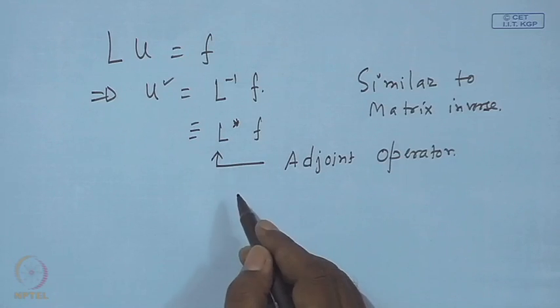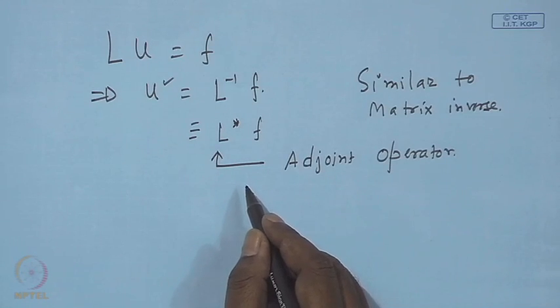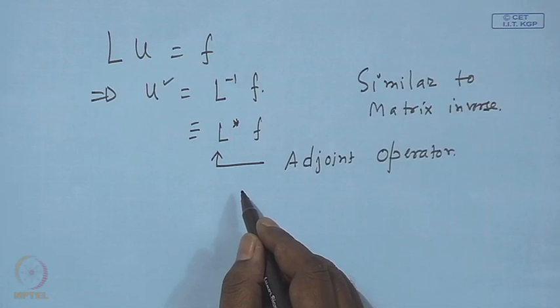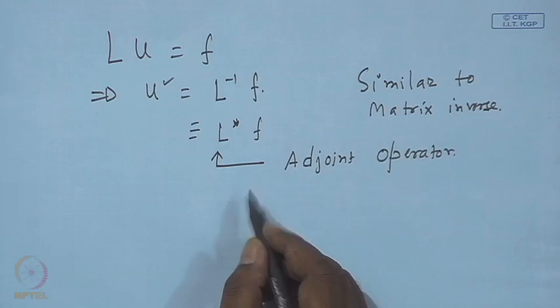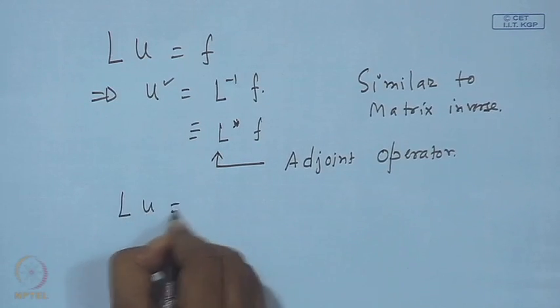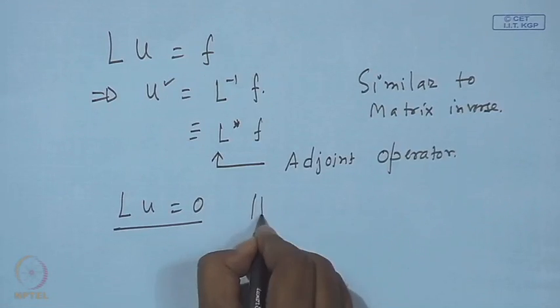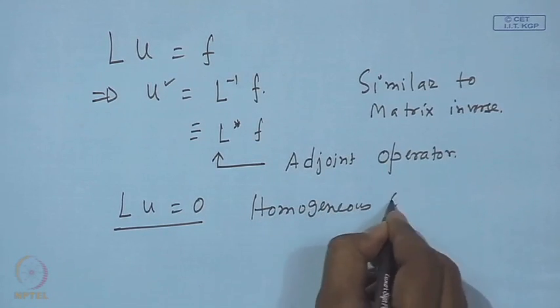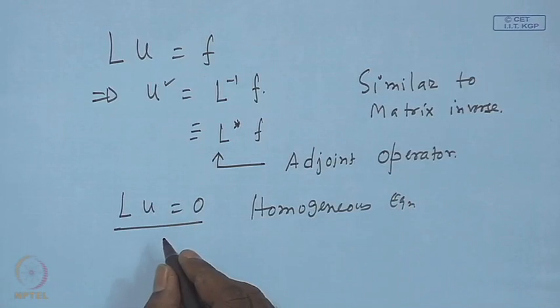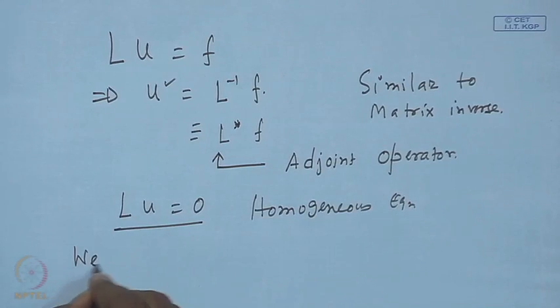So, for the solution of non-homogeneous partial differential equation, we need to find out the adjoint operator and then connect it with the actual problem. Now, if you remember, whenever we have solved L u is equal to 0, a homogeneous equation, till now, we did not evaluate the adjoint operator.